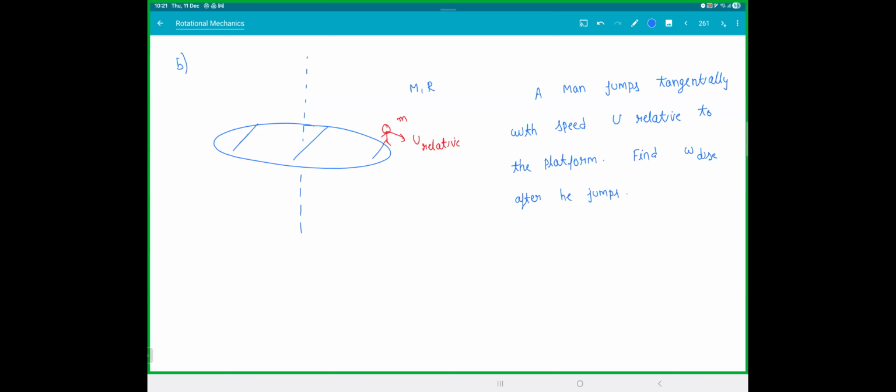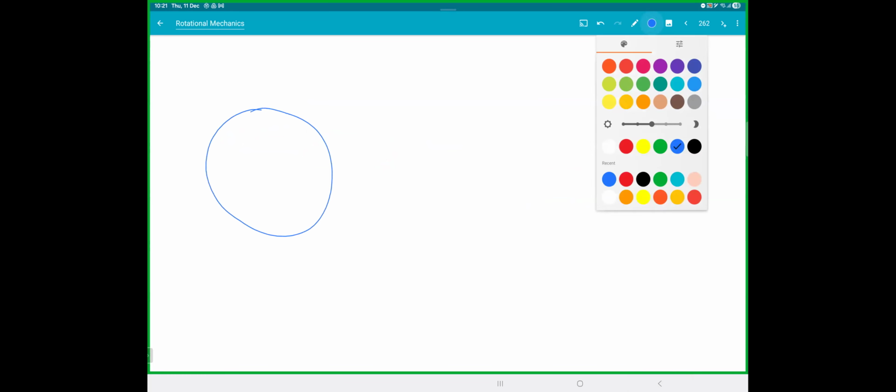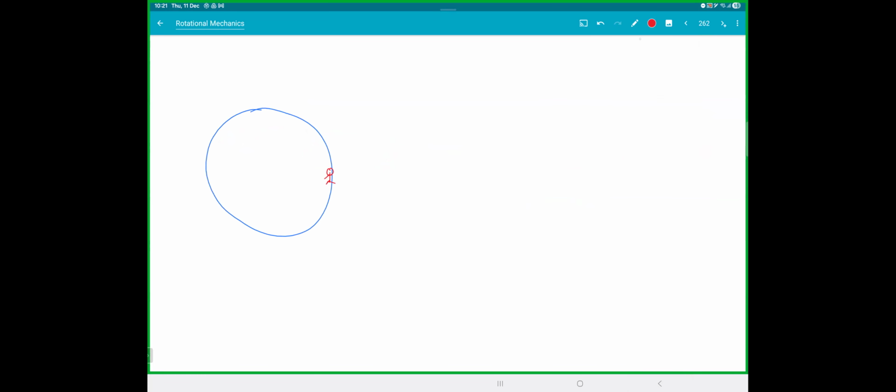You actually get the same answer. So see, initially the person is standing here, everything is at rest. So L initial is 0. Now after he jumps, the disk is going with omega. So this point here is going with the speed of r omega.